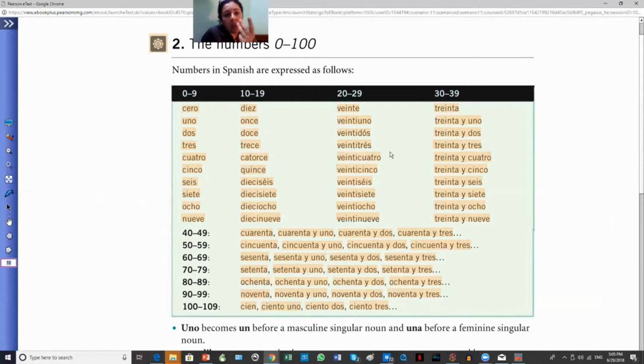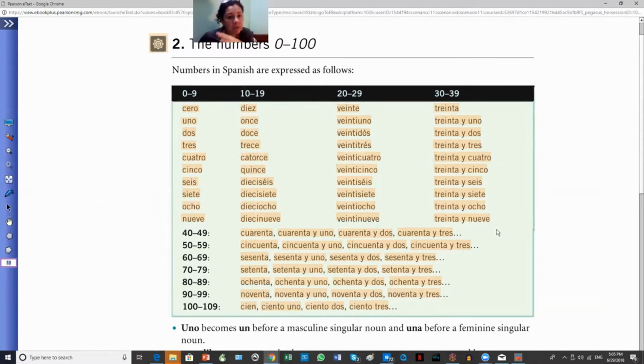So 31, as you hear them: 31, 32, 33, 34, 35, 36, 37, 38, 39. And this is going to happen in the 40s, 50s, 60s, 70s.